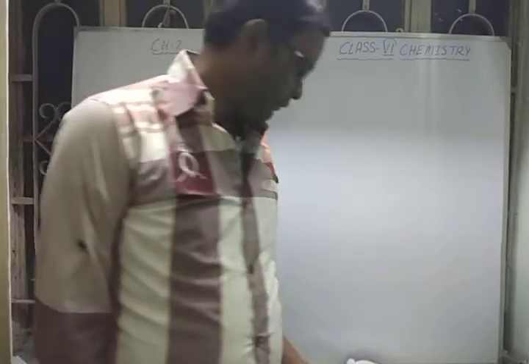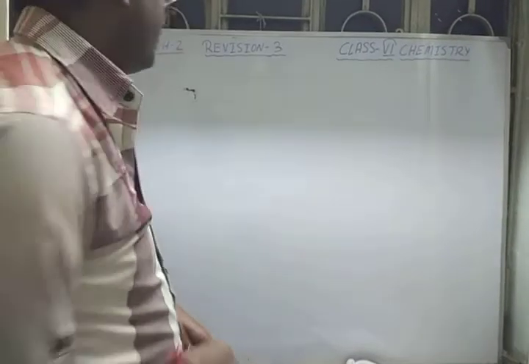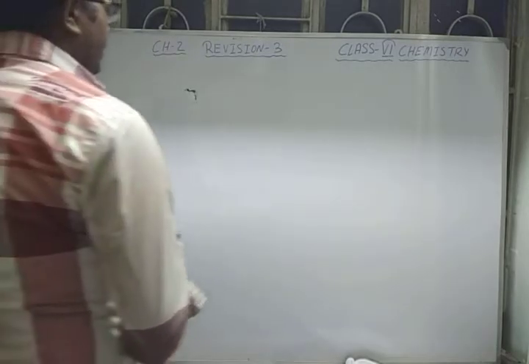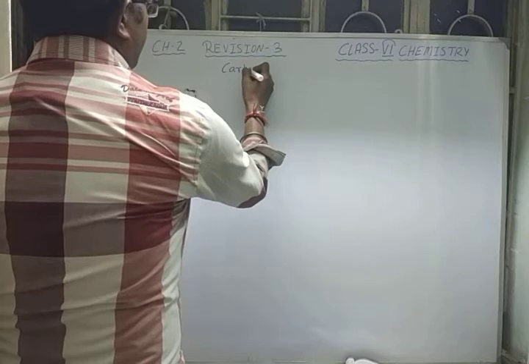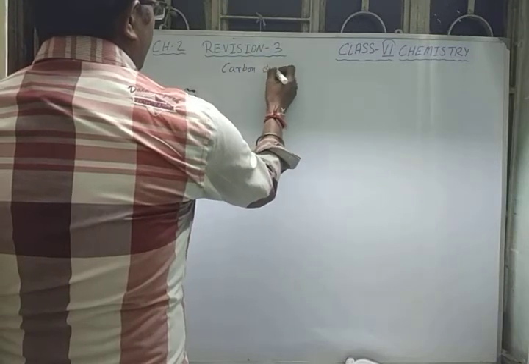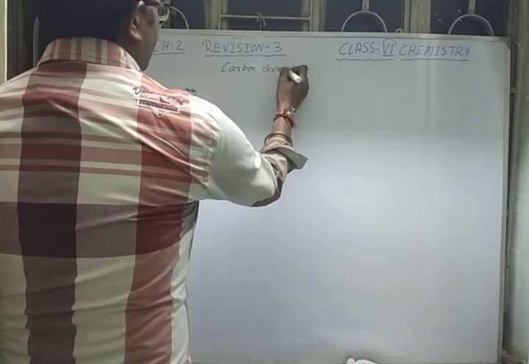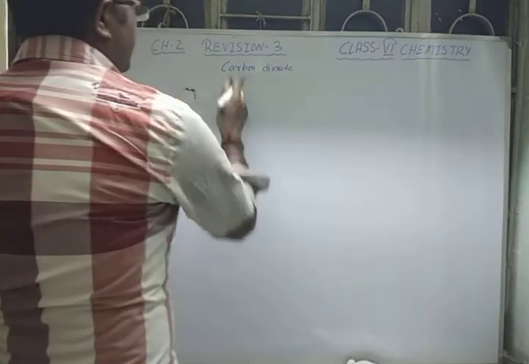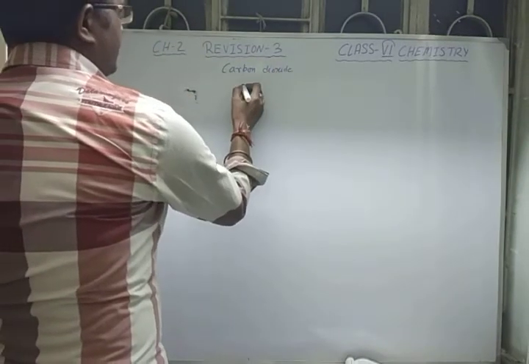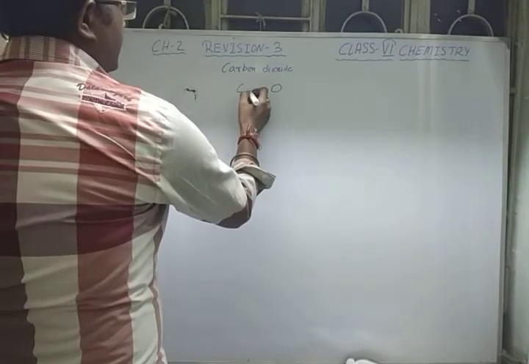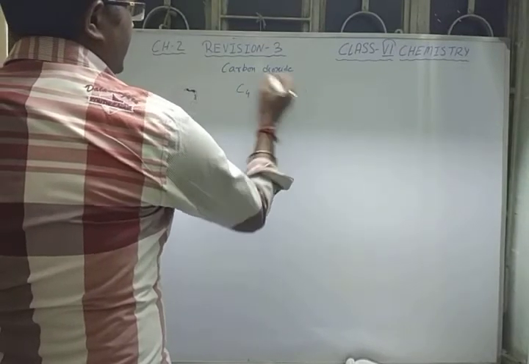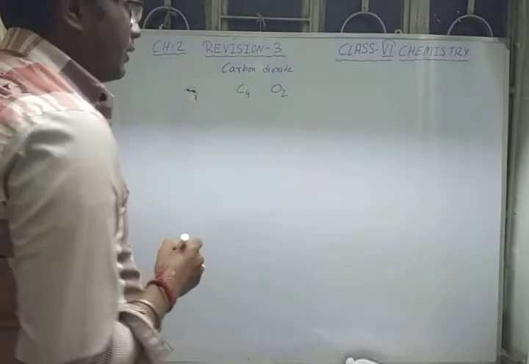Suppose I take the example of carbon dioxide. What is the chemical formula of carbon dioxide? As you know from the name, carbon is there and oxygen is there, and the valency of carbon is 4, just write 4, and the valency of oxygen is 2 here.